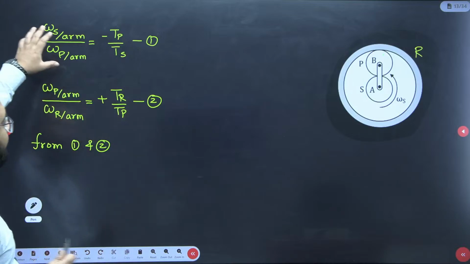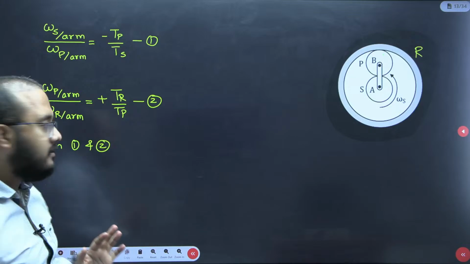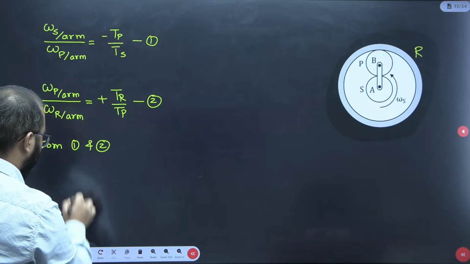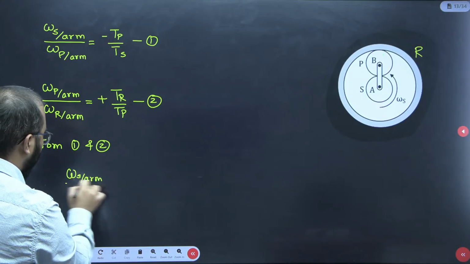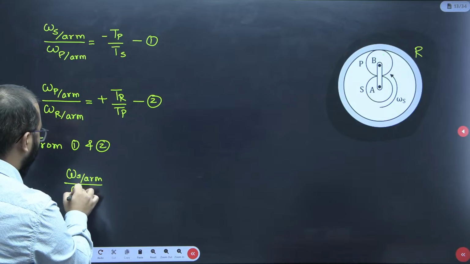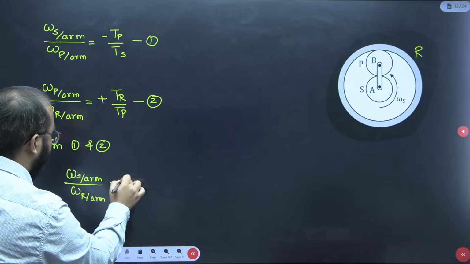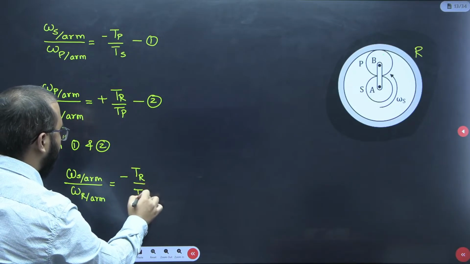So if I multiply equation 1 and 2, omega p cancels out. We can write omega s with respect to arm divided by omega r with respect to arm equals minus TR by TS.